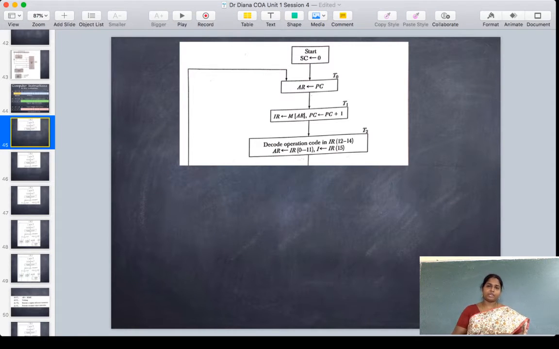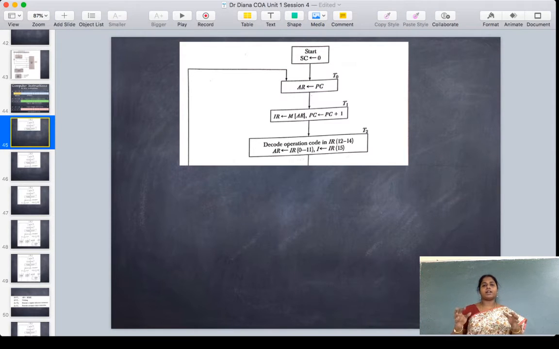Then we move on to time cycle T2. At time cycle T2, the instruction register is read by the decoder circuit. It decodes bits 14 to 12 of the instruction register, and bits 0 to 11 are placed inside the address register, because for a memory reference instruction, that is the address.